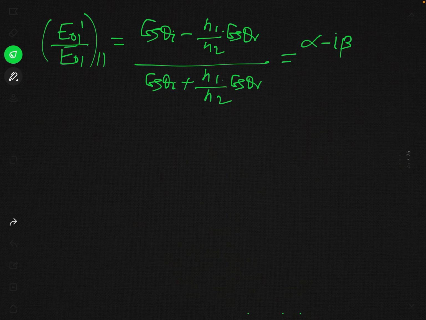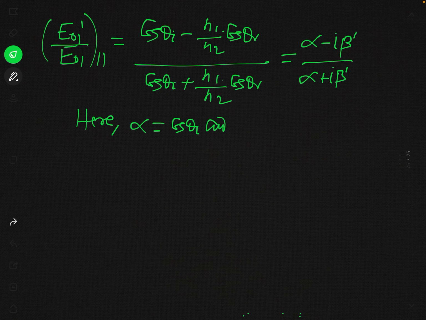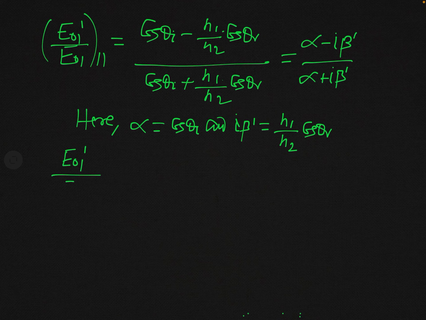And so I assume this cos theta I equal to alpha as I have assumed earlier, and N1 over N2 cos theta R is now written as i beta prime. And so this will be alpha minus i beta prime over alpha plus i beta prime. So here we have actually assumed that this alpha is equal to cos theta I, and that i beta prime is equal to N1 by N2 into cos theta R.